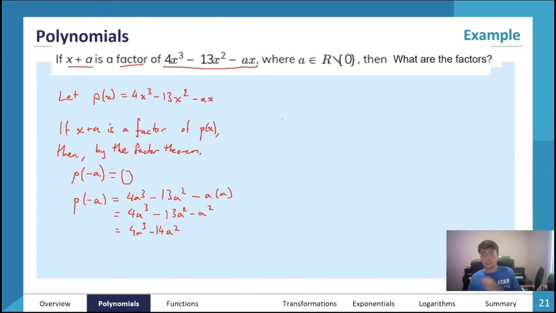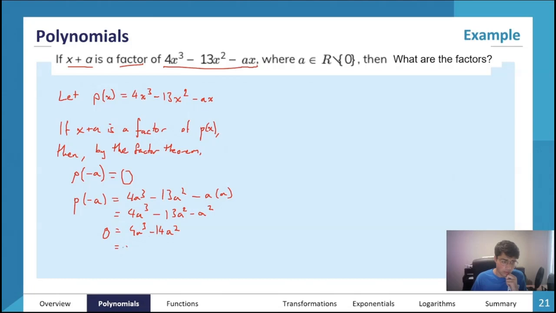Yeah, no, I've just realized the question should be asking find the values of a for which x plus a is a factor. Okay, so in which case, we're finding a set of values for a. We know this is equal to 0.